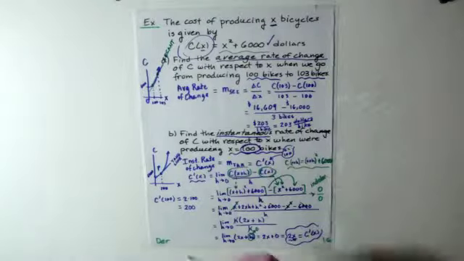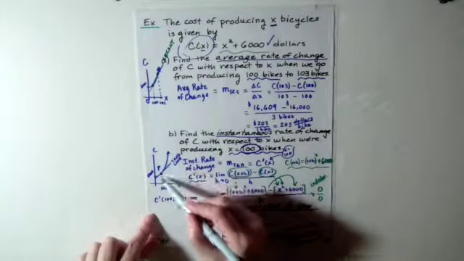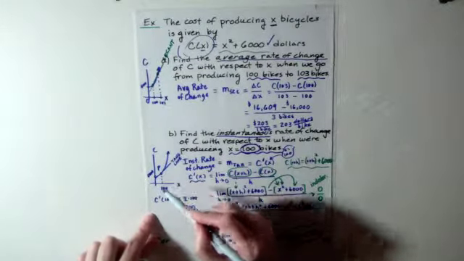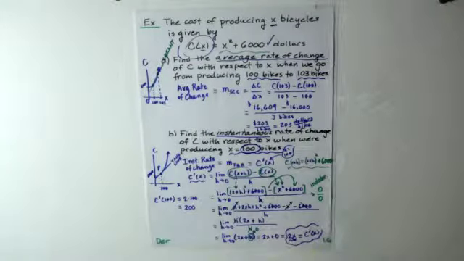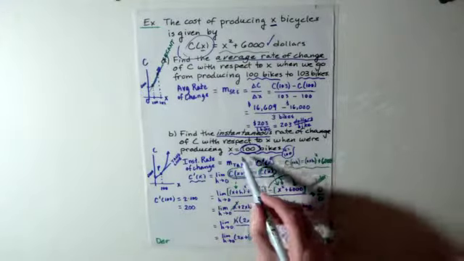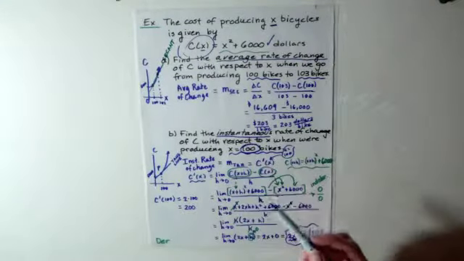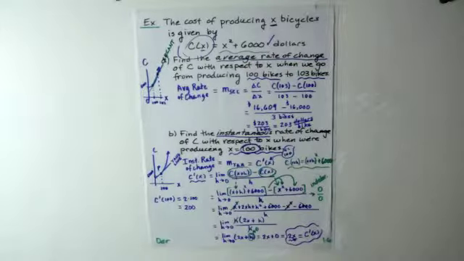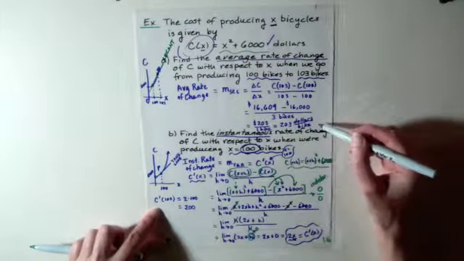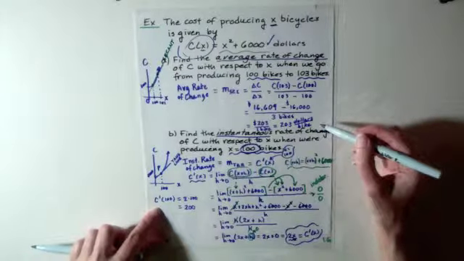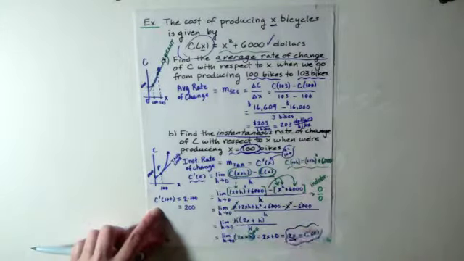So that's the slope of this tangent line at the point corresponding to x equals 100. That's the instantaneous rate of change of the cost with respect to the number of bikes at the 100 bicycle production level. Let's put some units on that. The units are exactly the same as the units that we had for the average rate of change. It's how many dollars per bike.